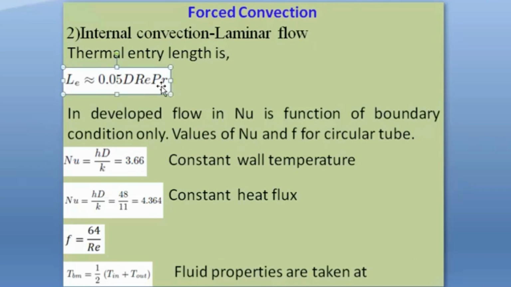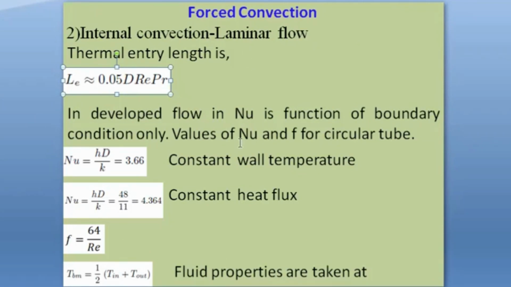How do we calculate entry length? We use the thermal boundary layer. Entry length is calculated as 0.05 D into Reynolds number into Prandtl number. This much length we cannot use the relation. In this region we have to use different relations, developing relations.